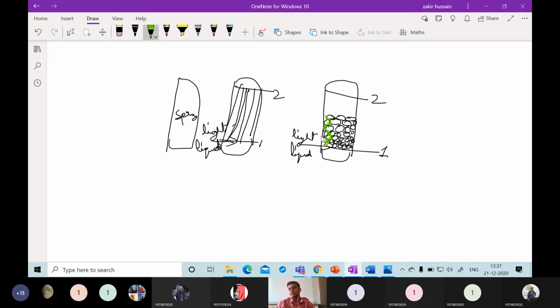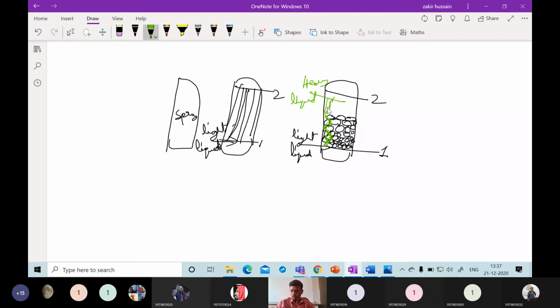Due to the resistance offered by this packing material, the tortuosity is increased. What happens then? The heavy liquid will be flowing like this, so this heavy liquid has to look for some opening.